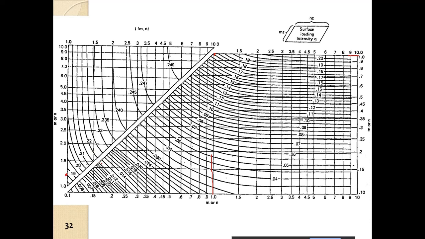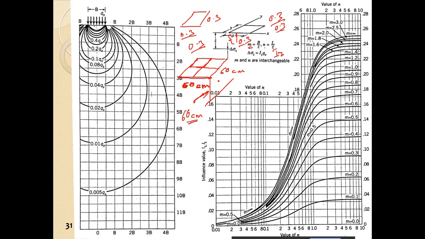The influence factor which was obtained here is 0.177. Obviously you will know that when there is a load given on a plate, the load is distributed in the soil profile in this manner. If this is QS, we will have stress isobars.